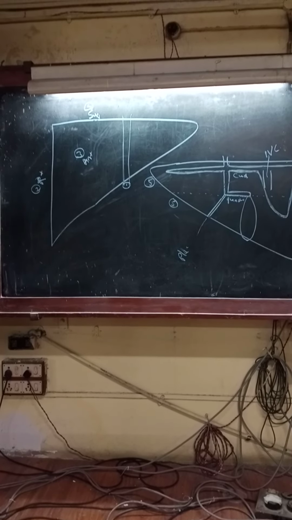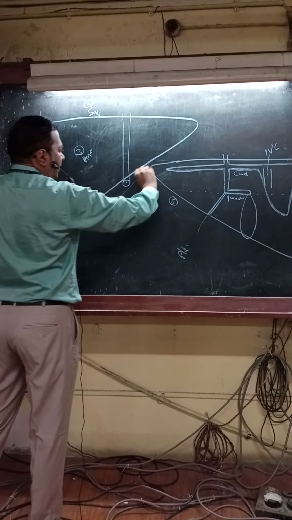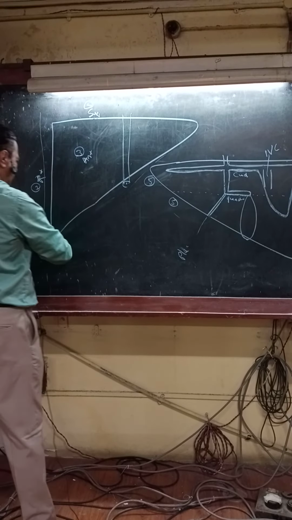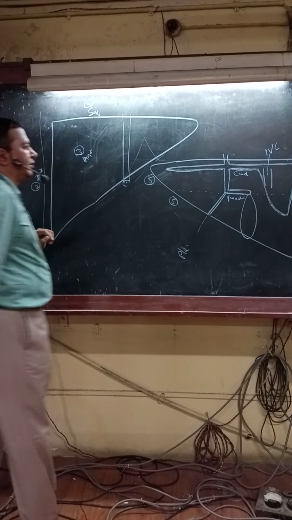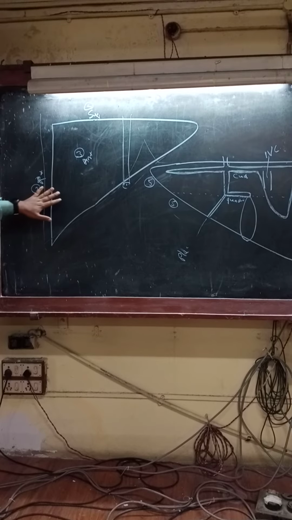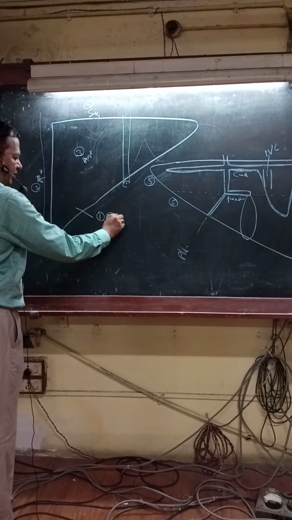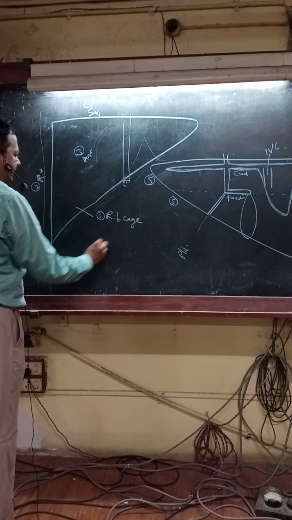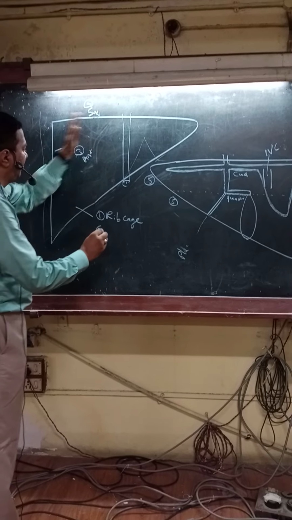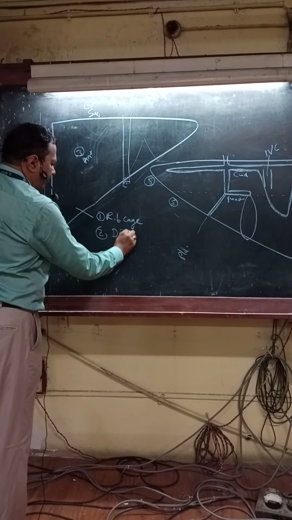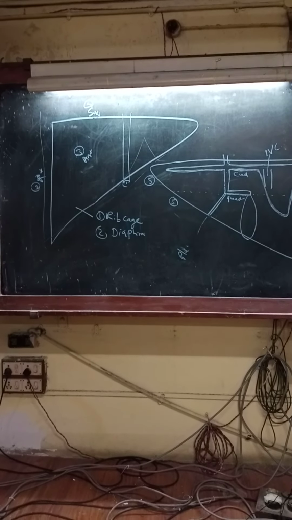Anterior surface is here. One, rib cage. Two, covering all of this is the diaphragm. One rib cage, two diaphragm.